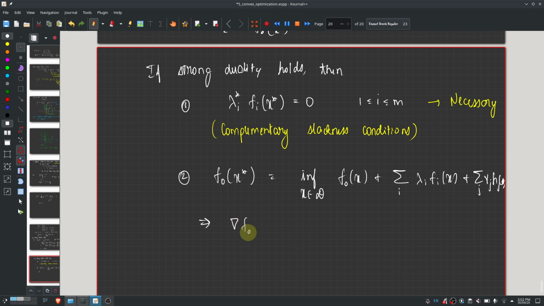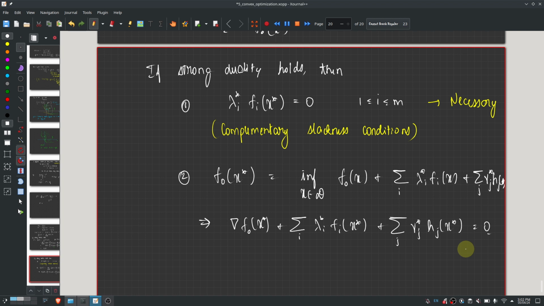Gradient f0 of x star plus summation over I lambda I star gradient fi of x star plus summation over all j nu j star gradient hj of x star should be equal to the 0 vector. Again, this is a necessary condition, right?